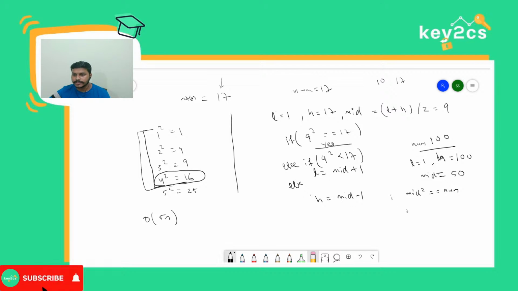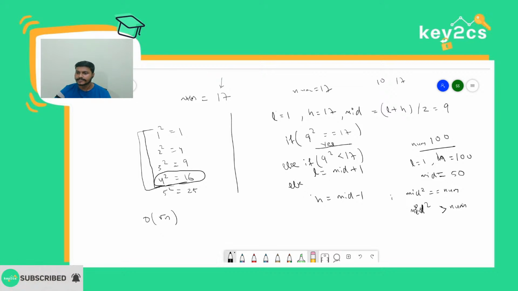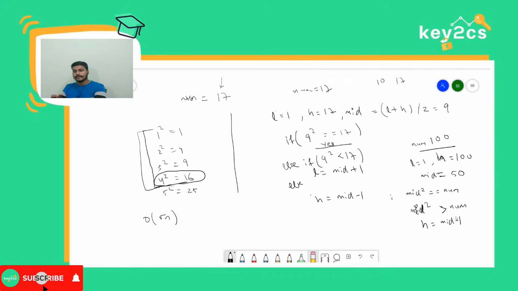Is mid square greater than the number? Yes, so we have to take something smaller and come down towards the left. We change high to mid minus 1, so now the range to check is 1 to 49.